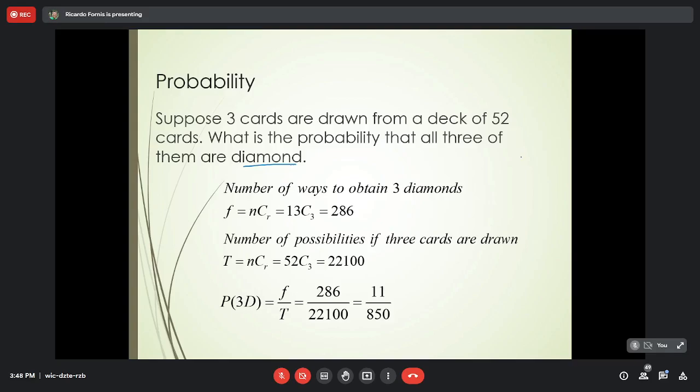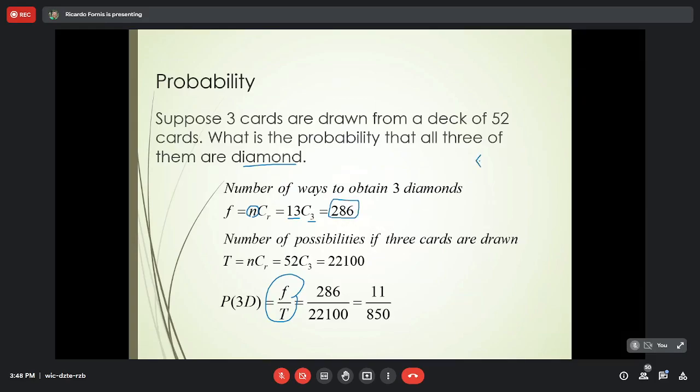First, again, we use the classical definition, where classical definition is simply the favorable outcome divided by the total possible outcome. And the favorable outcome, you just get the combination of 13 diamonds, combined 3 at a time. There are 13, and you combine 3 at a time. Okay, so the total is 286.